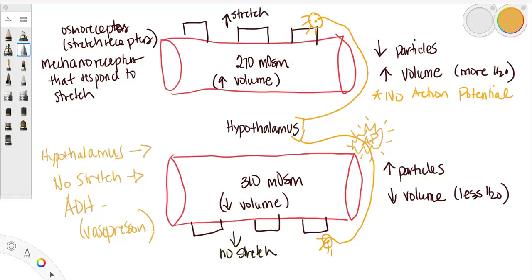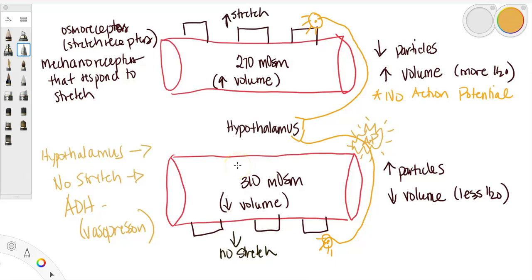What is the target of that hormone? Well, the target of the hormone is the kidney tubules. Okay, so we need to reabsorb water. We need to bring water back into the body so that we can increase the amount of fluid or water in the vessels.